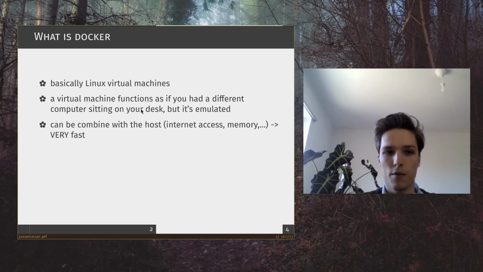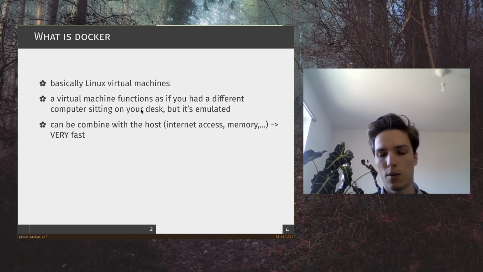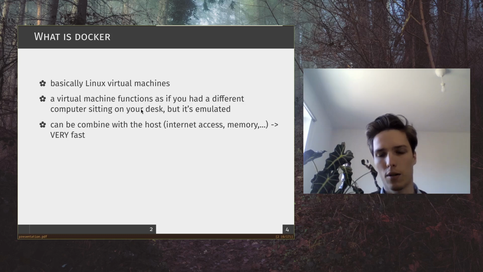So again, if you have something like a web server, you can check that what you'll push onto the server will be exactly the same as what you had in testing. But then there's security considerations, like isolating things better, and people use it even in production, just to also isolate different components.